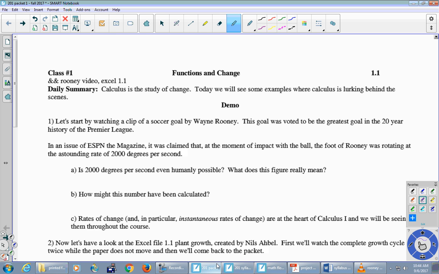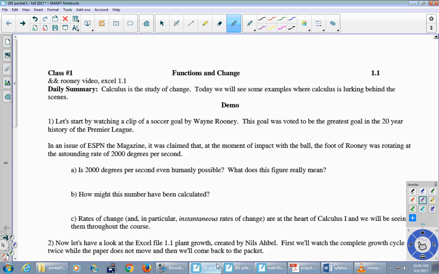What if I'm looking at a tenth of a second? 200 degrees in a tenth of a second. I could look at like 100th of a second, and that would be 20 degrees. Okay, 20 degrees is something that's reasonable, right? Like I can move my foot or my hand at 20 degrees. So the question is, if we keep honing in on the moment of impact, we could slow it down even more, especially with a higher quality clip, and maybe freeze frame it and look at one tiny 100th of a second.